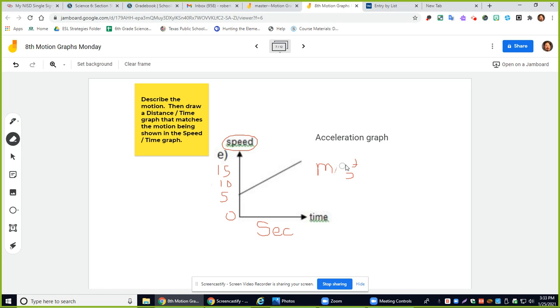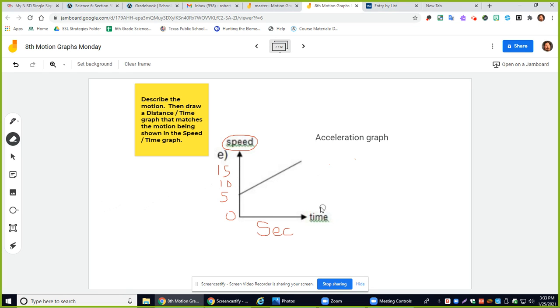Okay? So what I would like for y'all to do now is go ahead and draw the corresponding distance time graph of this speed time graph. Distance time, I'm sorry.